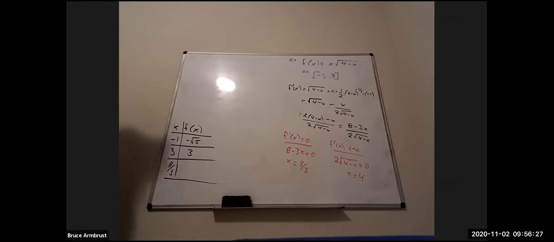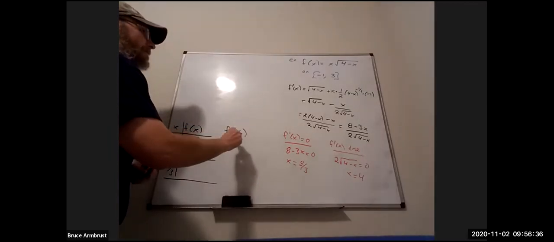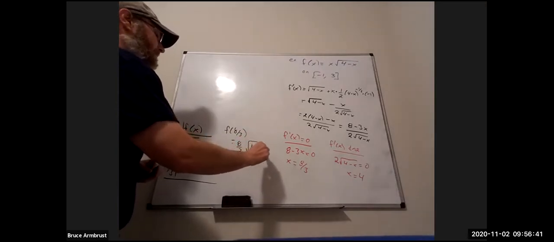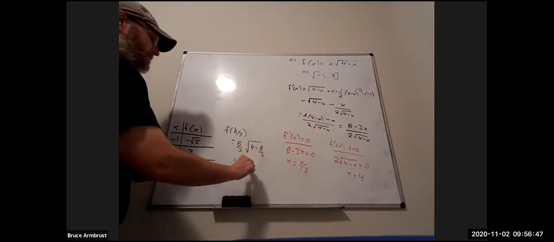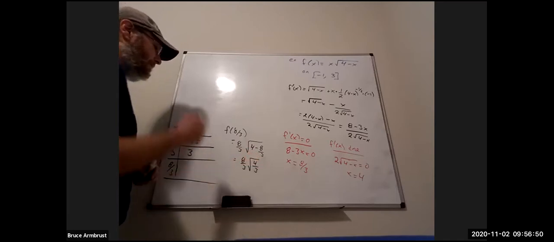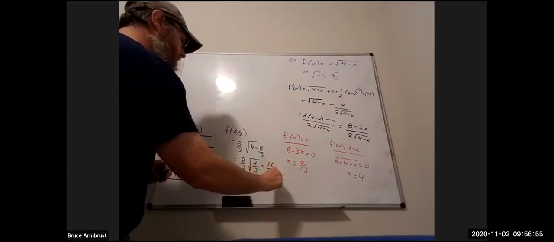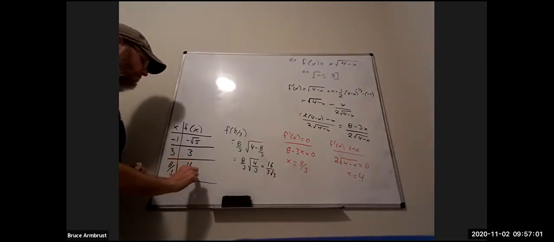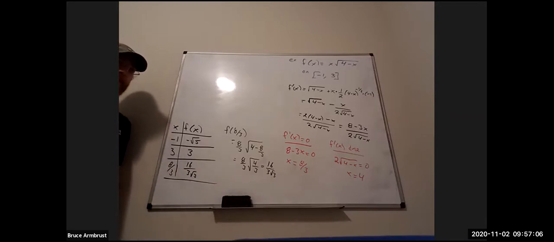Okay, now the 8/3, I'm going to have to do a little bit of work on that one. 8/3, I'm going to get, let's see, 8/3 times the square root of 4 minus 8/3, which is 8/3 times the square root of 4/3, which is 16 over 3√3. So we have 16 over 3√3, whatever that happens to be.